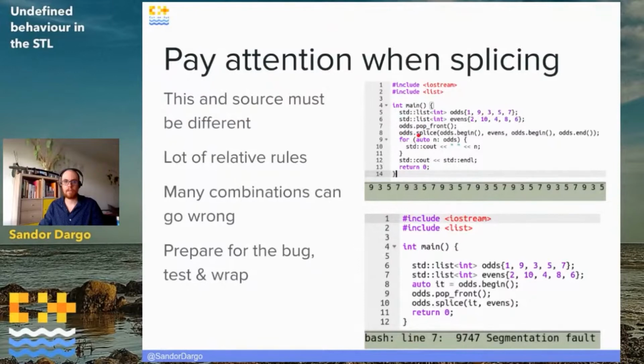So in this very example, it will be undefined. What do you want to insert here? In fact, you want to insert, at the beginning of the odds list, items from the evens list, but you actually pass in the beginning and the ending iterator of odds, which we use here.